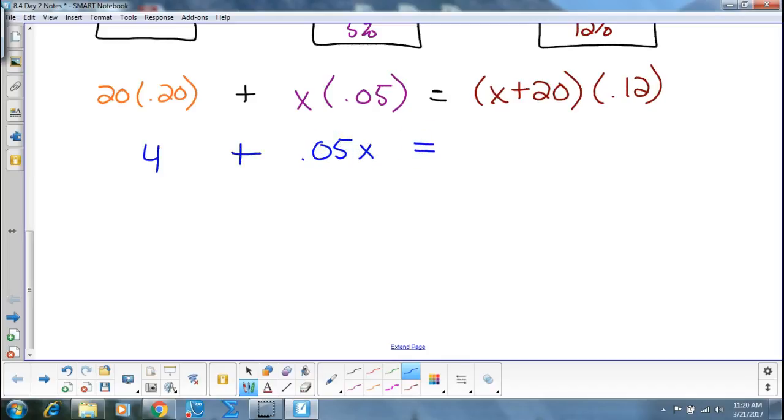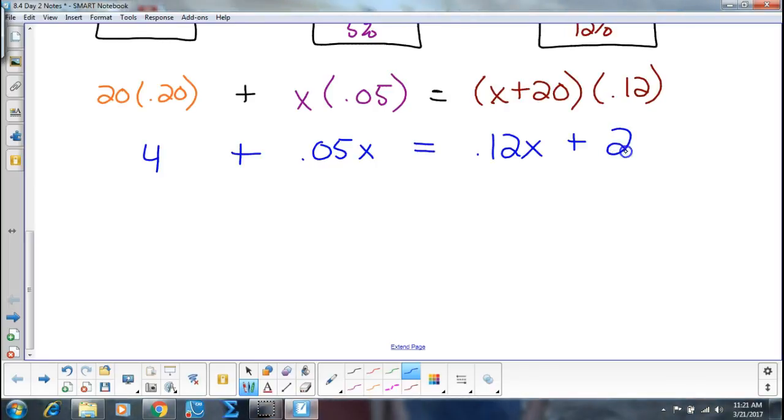And what's the last one? 0.12x plus, what? 2.4. Okay, distributing that into those. Okay. How would you go about solving that now?